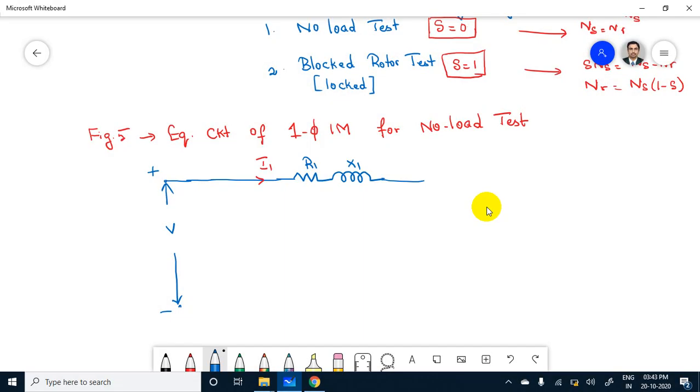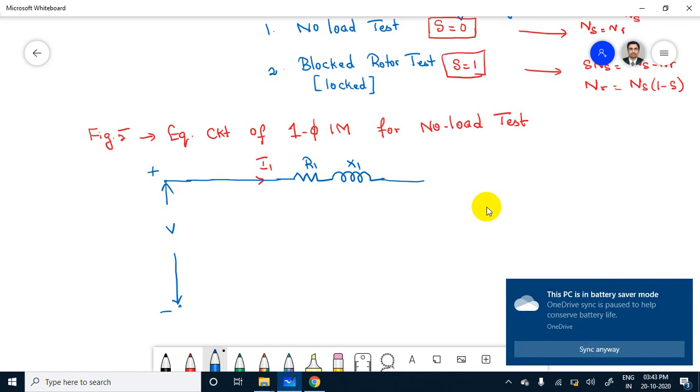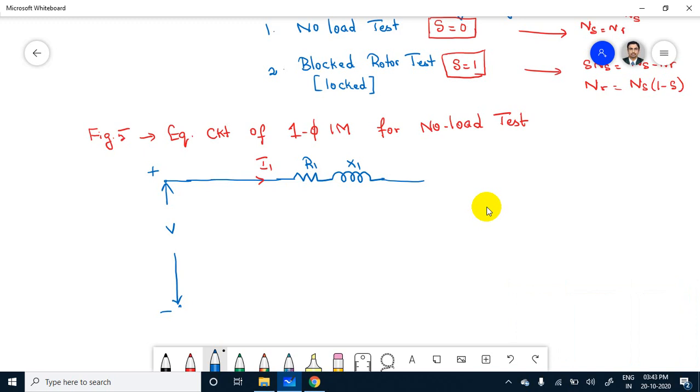Note down, we are eliminating the magnetizing losses, that is Rm by 2 we are eliminating, and Xm by 2 also we are eliminating.